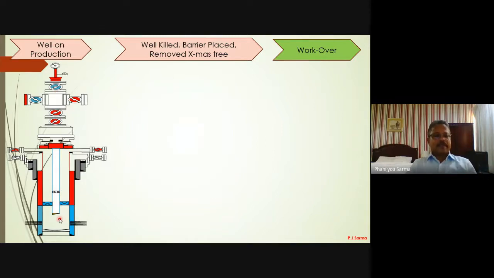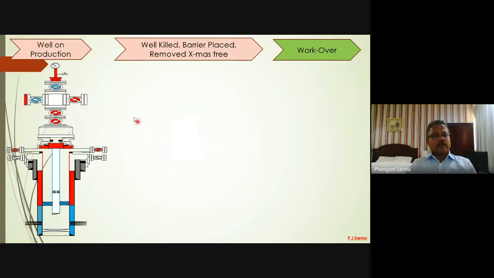It is protected by the packer, then it is produced through the tubing. So the tubing is a barrier, the whole wellhead is a barrier, and it is produced through the production wing valve, and these are barriers because this is closed.